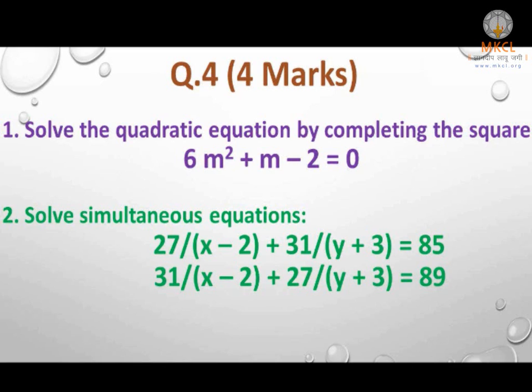If you assume a letter, say a for 1 upon x minus 2 and b for 1 upon y plus 3, then the equation becomes 27a plus 31b is equal to 85, and the second equation becomes 31a plus 27b is equal to 89.